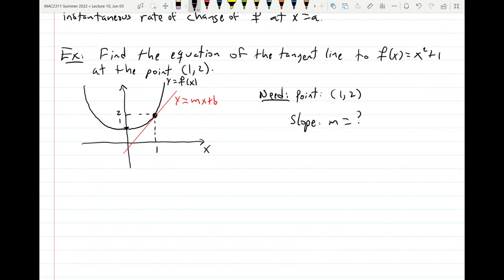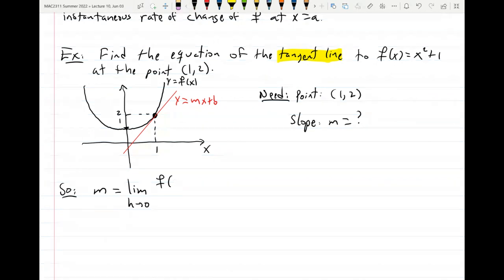Now, how do we find the slope? Well, we're being told that this line is a tangent line. So by telling us that we're looking for the tangent line, we know that to find the slope, we use the definition that we have above. The definition is the limit as h approaches 0 of f of a plus h minus f of a over h.